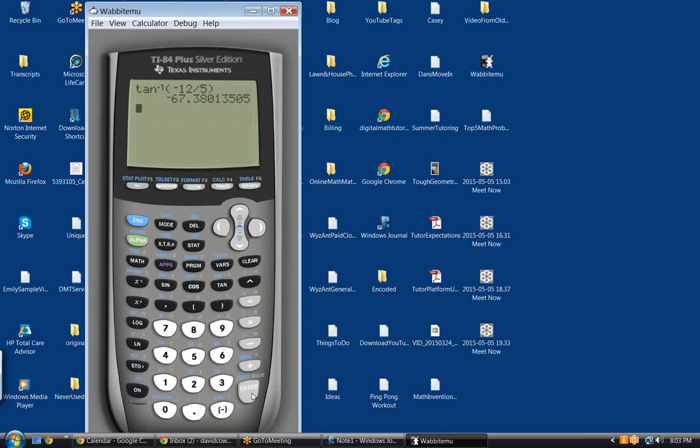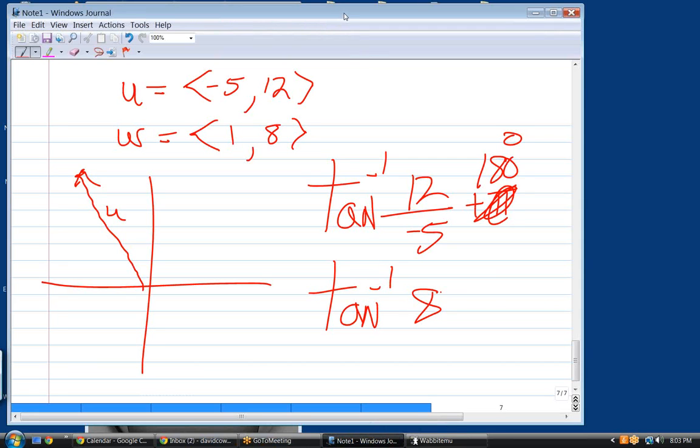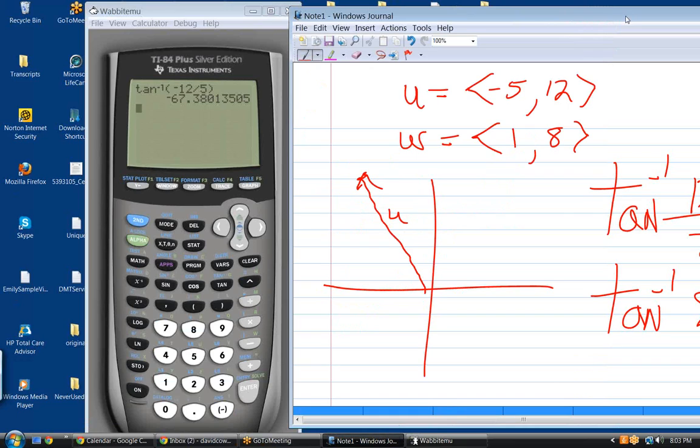No, it doesn't matter. So the answer is minus 67 degrees, but we have to add 180 to that because it's actually the 5 that's negative. So that gives us an angle of what? 112.62. And what's the inverse tangent of 8?